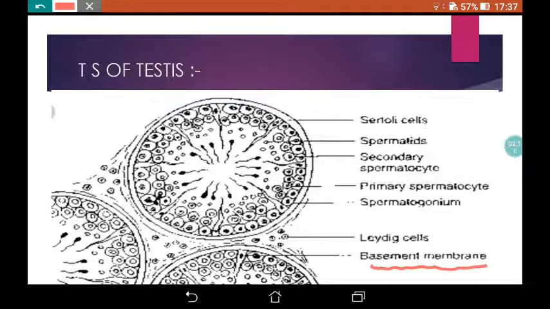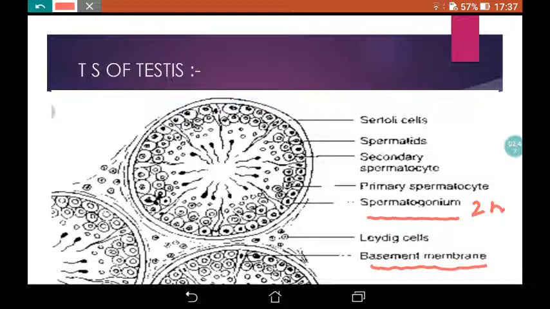This basement membrane is present outside that epithelial tissue, and this epithelial tissue present inside the seminiferous tubule is cuboidal in nature, and that is called germinal epithelium because it divides to form spermatogonia. The spermatogonia are diploid meiocyte cells, meaning a sperm mother cell. The spermatogonia is a sperm mother cell, and that's why it is diploid in nature.